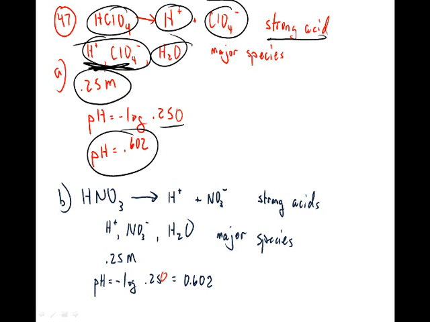How many sig figs were there? It was 0.250. Yeah, so there are 3 sig figs. And this is 0.250 down here, and it should be 0.602 as well.